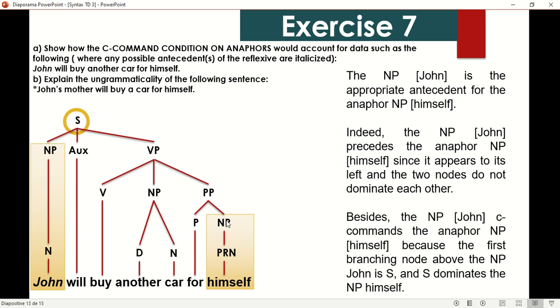Does it also dominate the NP himself? Yes. Why? Because it dominates the VP, which dominates the PP, which dominates the NP. We said that dominance is a transitive relationship. So S dominates VP and all its descendants. So since the first branching node, which is S, also dominates the NP himself, then we have C command. We have both precedence and C command, so it is the appropriate antecedent.